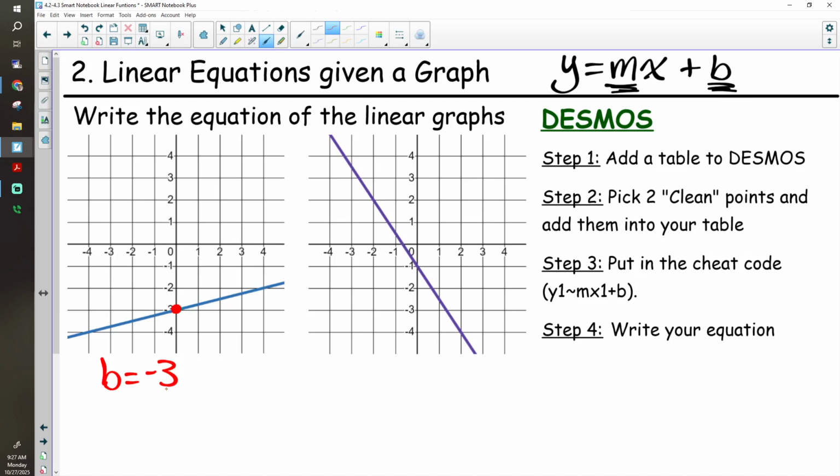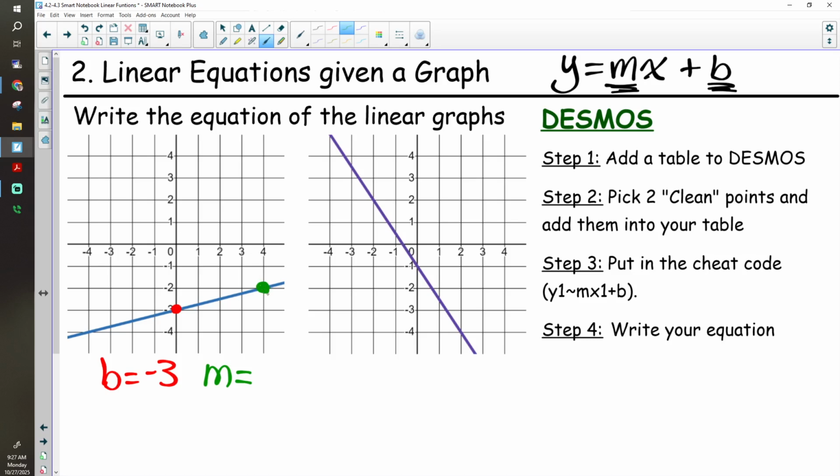Now I also need the slope. To find the slope, my m value, I need to find a second point on my line that's pretty and do my counting, rise over run. So let's look for another pretty point. I follow my line until I see, boom, there's another pretty point.